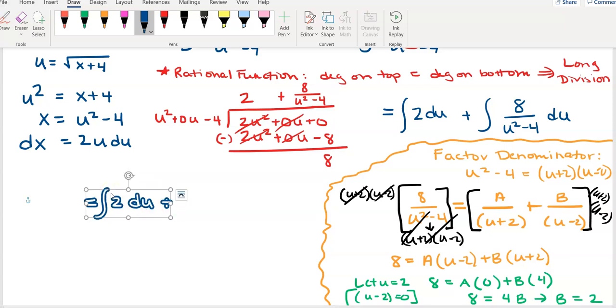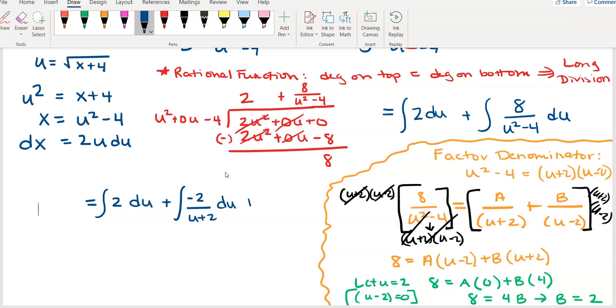So it's going to be the integral of -2 over u plus 2 du plus the integral of 2 over u minus 2 du.